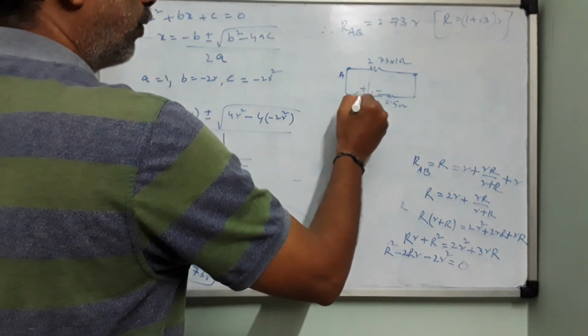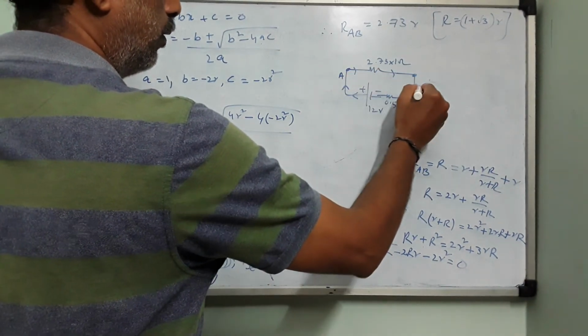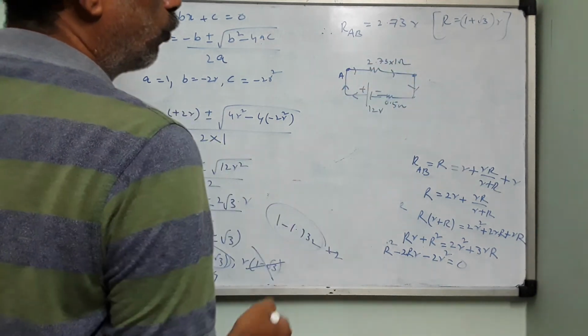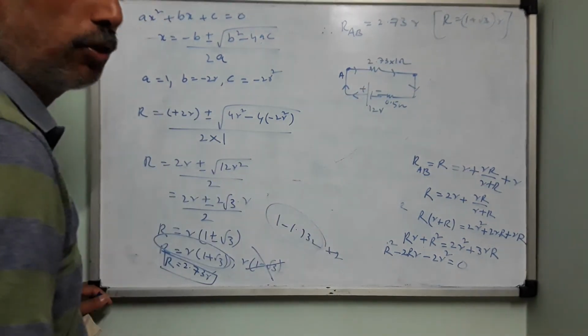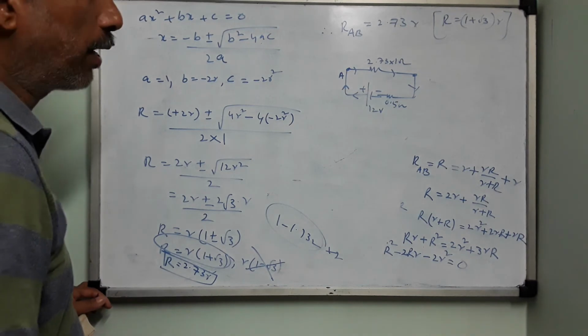Current will go like this. The same current flows in 2.73 and in 0.5 also, so both of them are in series.